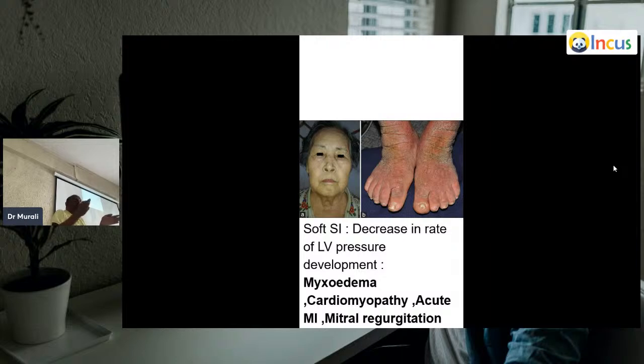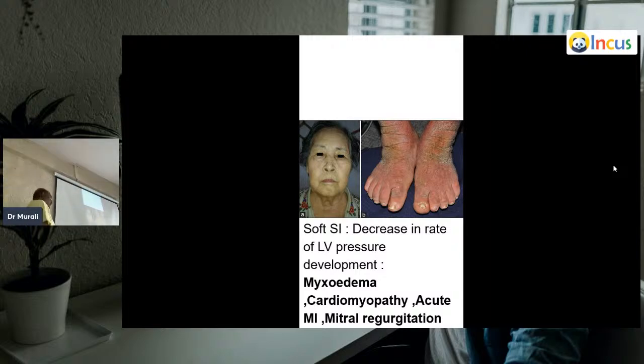At that time, the two valves are wide apart. Then the sound will be higher. But if the atrioventricular pressure crossover is happening slowly towards the end of the diastole, by the time the valves have already come closer, so really they don't make much sound, hence it becomes softer.